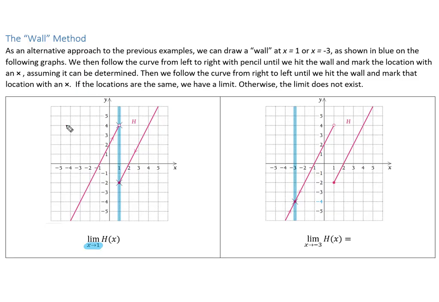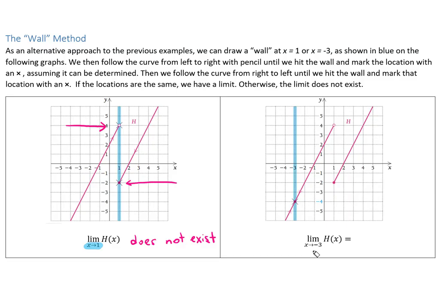So as I approach 1 from the left side, h of x approaches 4. And as I approach 1 from the right side, h of x is equal to negative 2. And you see that those limits are not the same. One approaches 4 from one side, and one approaches negative 2 from the other. So we would say this limit does not exist. Easy to see graphically.